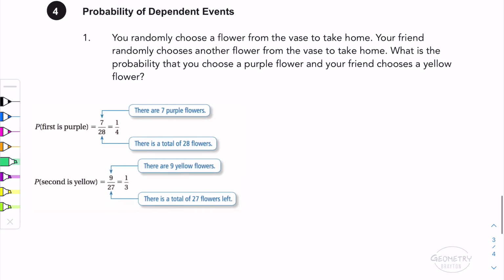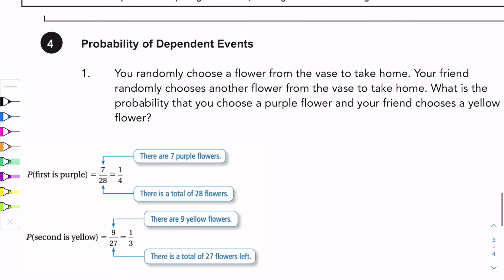So the probability of dependent events, our first example says, you randomly choose a flower from a vase to take home. Your friend randomly chooses another flower from the vase to take home. What is the probability that you choose a purple flower and your friend chooses a yellow flower? Before we start, I forgot to add a little bit of info for this problem. So we need to add that the total number of flowers is going to be 28.